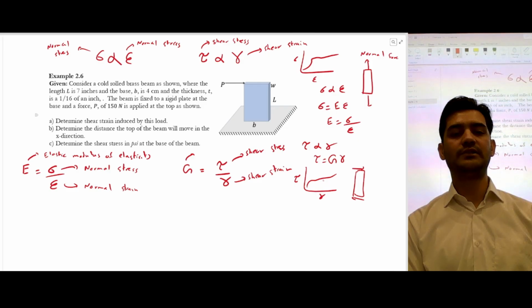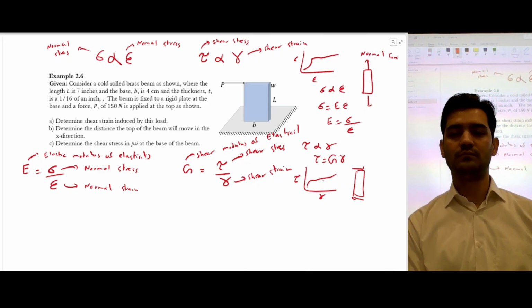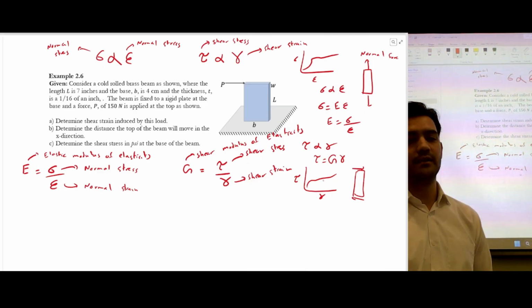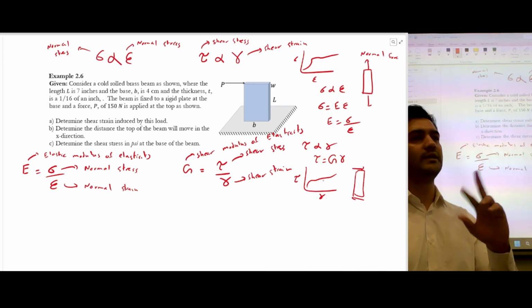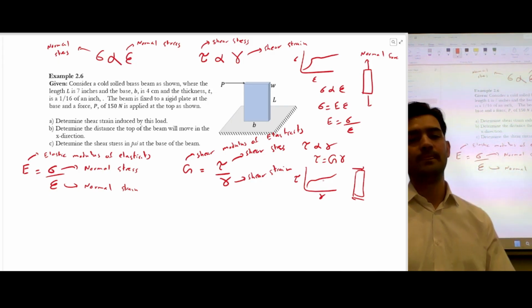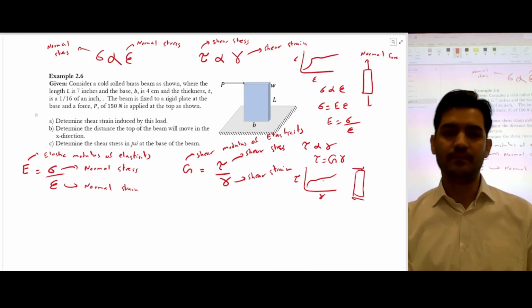And we can call this shear modulus of elasticity. So basically it's the same thing, like ratio between shear stresses and strain. But if it's normal, we're gonna use the E symbol. And when we're talking about shear stresses, we're gonna use the G symbol. So these are two different material properties. The values are different, but basically the idea is the same.